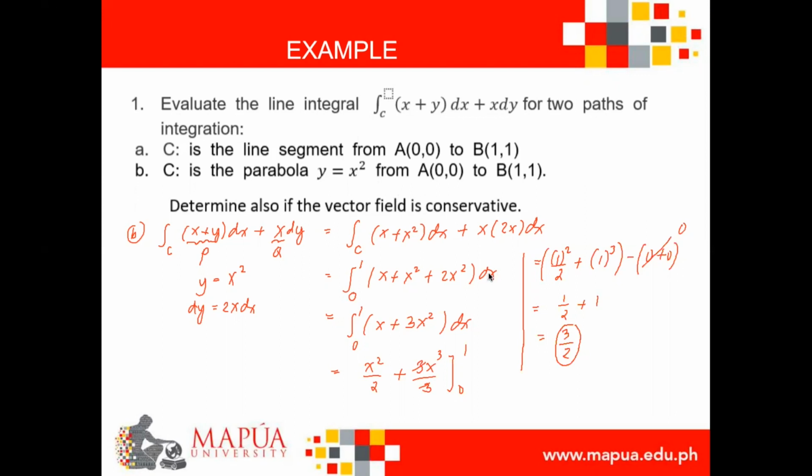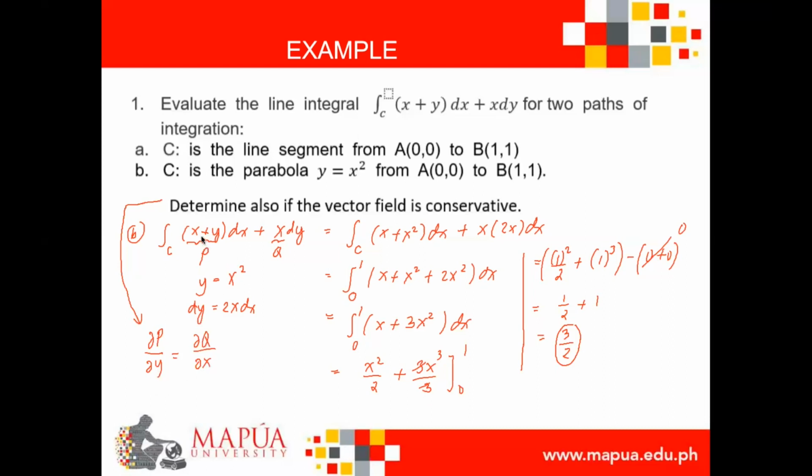So with that, we can now test if the vector field is conservative. Again, by defining your P, if the partial derivative of your function P with respect to y is equal to the partial derivative of Q with respect to x, this is testing whether the vector field is conservative.